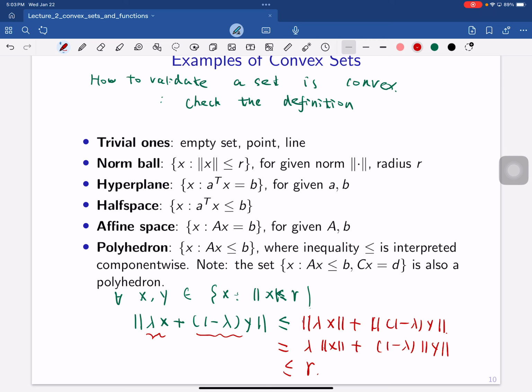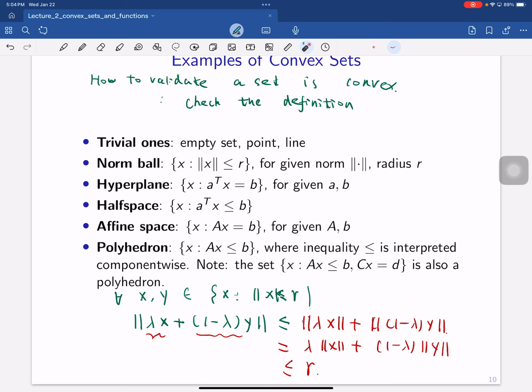You can verify using the definition that the next few sets are also convex sets. You can check that a hyperplane is a convex set, and a half space is basically a single constraint, a transpose x less than or equal to b. An affine space means you have an m by n matrix, Ax equals b. A polyhedral set means you have a matrix multiplied by x less than or equal to b, where b is also a vector and the inequality is applied component-wise.